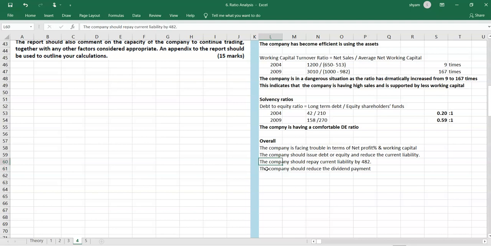So the company should start reducing the current liability.